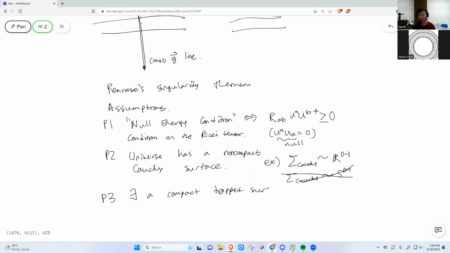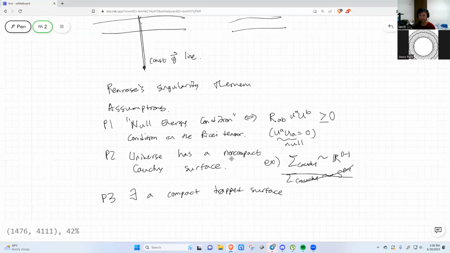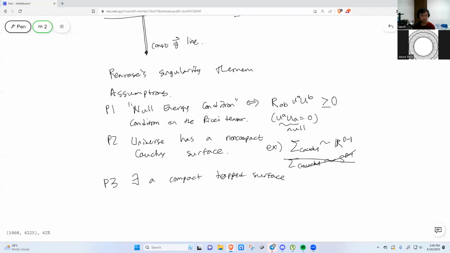I've tried studying trapped surfaces, but they're still way beyond me. But you can understand the definition, so I'm going to work on that right now. I just want to state that in P2, you are basically saying that the universe has a Cauchy surface, which is included in the statement. So obviously, the universe has to be globally hyperbolic.